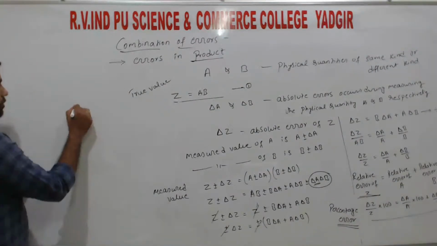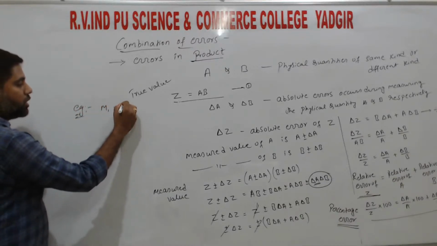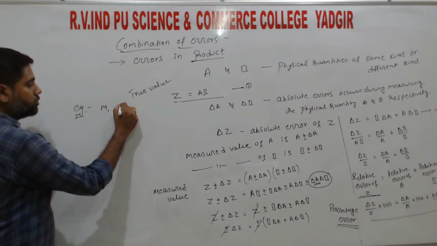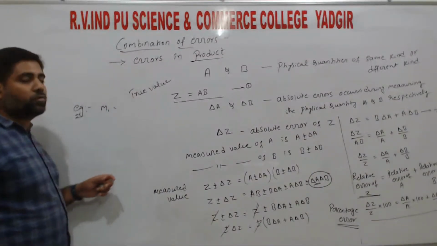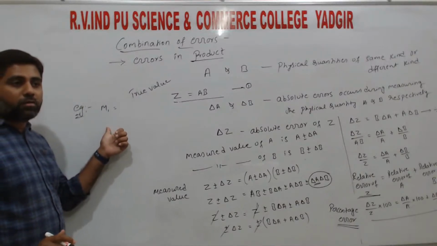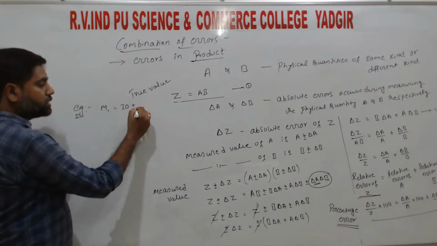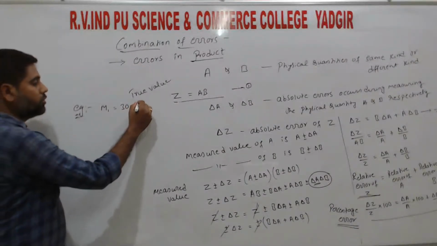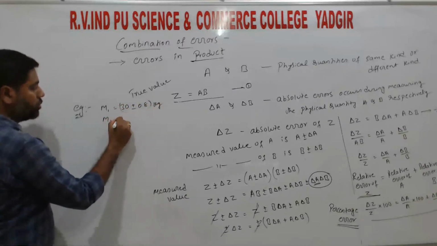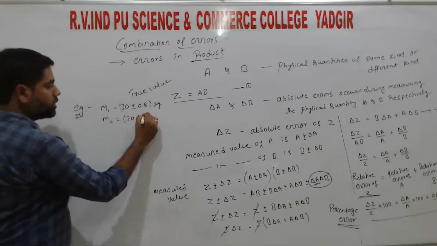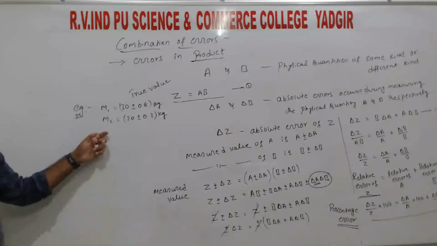So if we consider one example, right? Mass m1 is 30 plus or minus 0.8, m2 is 20 plus or minus 0.2. Given this, find the relative error.